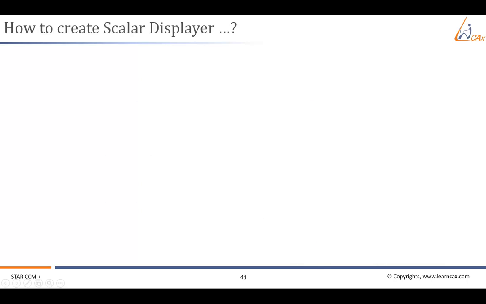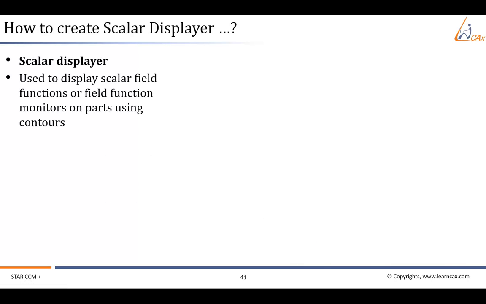What are scalar displayers? Scalar displayers are used to display scalar field functions or field function monitors on parts using contours. The Scalar Displayer node controls the display of data along the surface of a part. A scalar displayer is created automatically when a scalar scene is created.